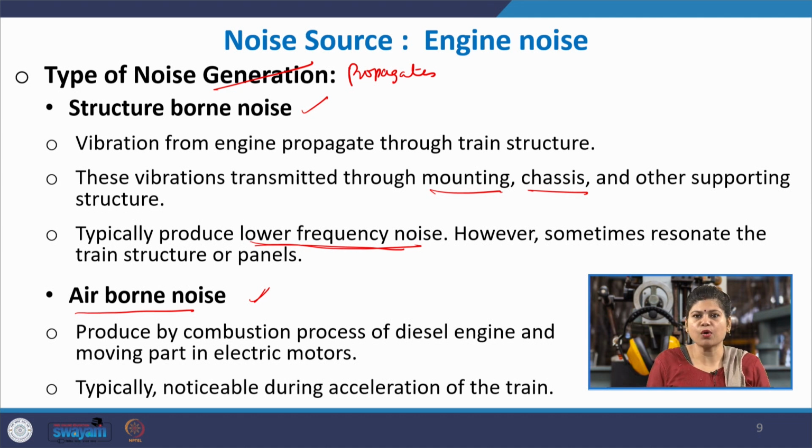And when it is an electrically powered train, the moving parts of the electric motor that are directly exposed to the outside atmosphere will again radiate the noise indirectly into the air as airborne noise, and this airborne noise becomes typically noticeable during high speed or when the air is accelerating at a high rate.